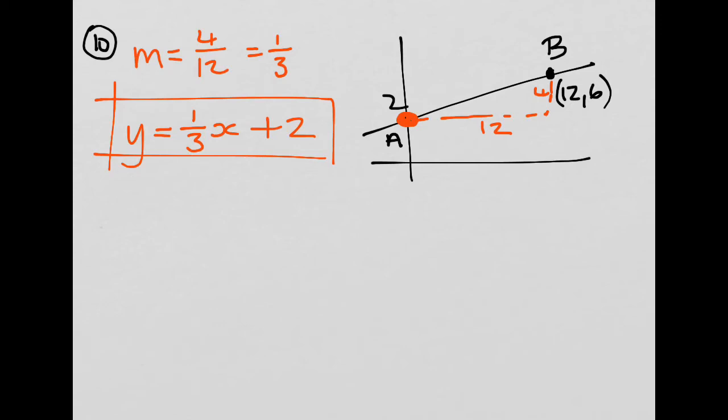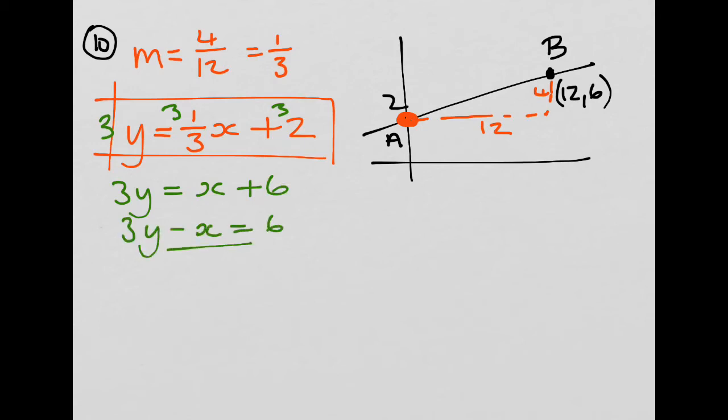If I multiply all of this by 3, so if I do 3 times that, 3 times that, and 3 times that, that's going to give me 3y equals x add 6, which if I rearrange is 3y minus x equals 6, which you'll find is the same as what part B says. I have put the answer to part A in part B.